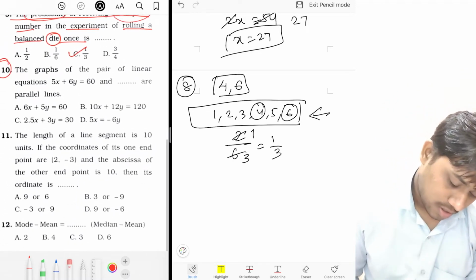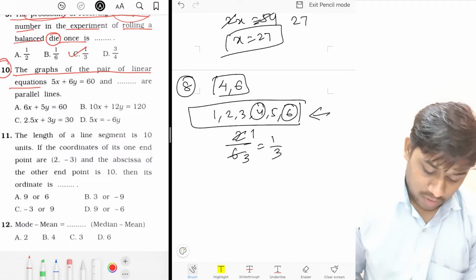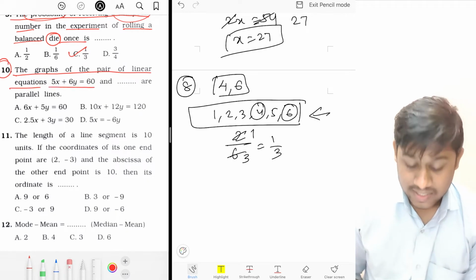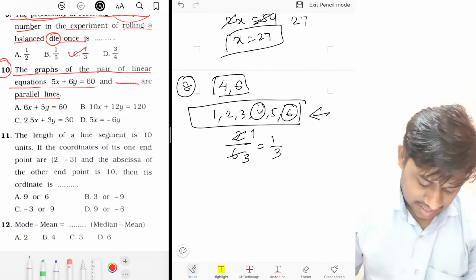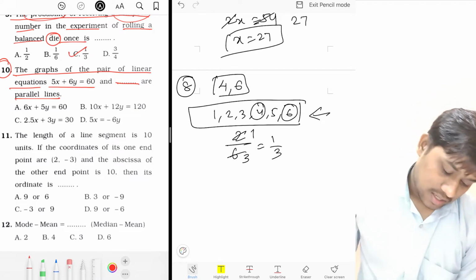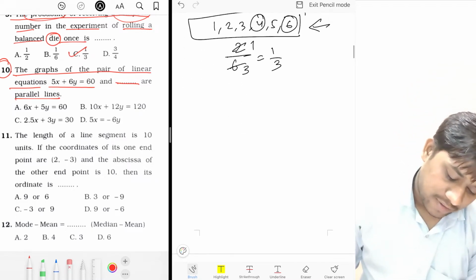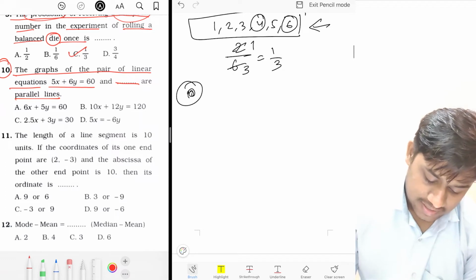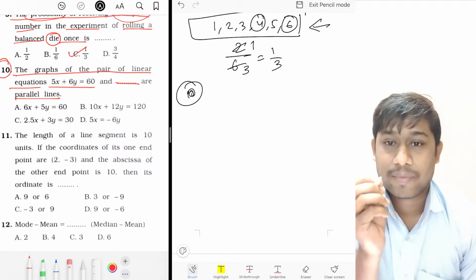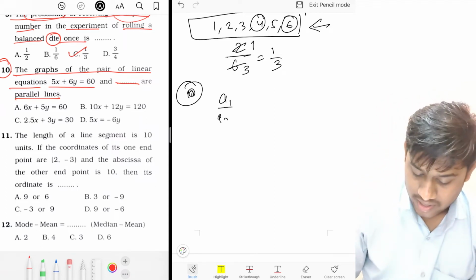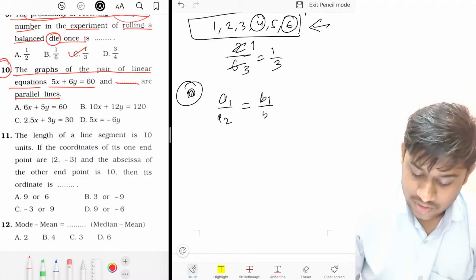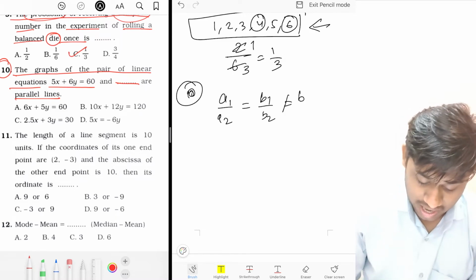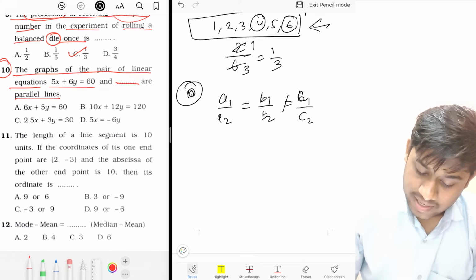The graphs of the pair of linear equations 5x plus 6y is equal to 60 and dash are parallel lines. If you want parallel lines, definitely what you need to remember is the condition from chapter number 3. What is the condition? A1 by A2 must be equal to B1 by B2, but should never be equal to C1 by C2.